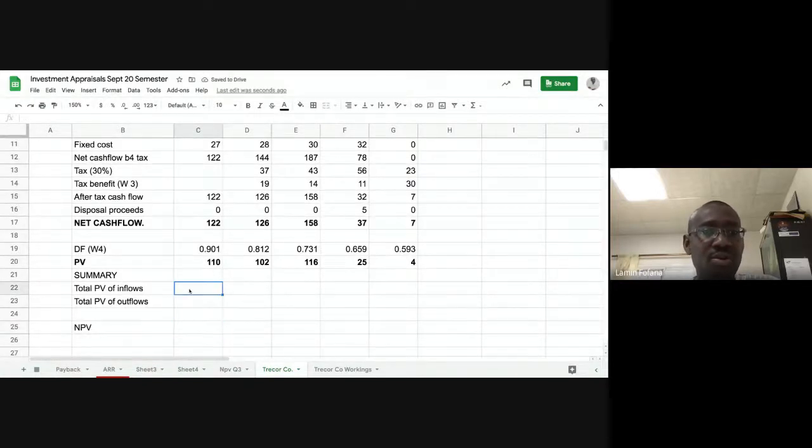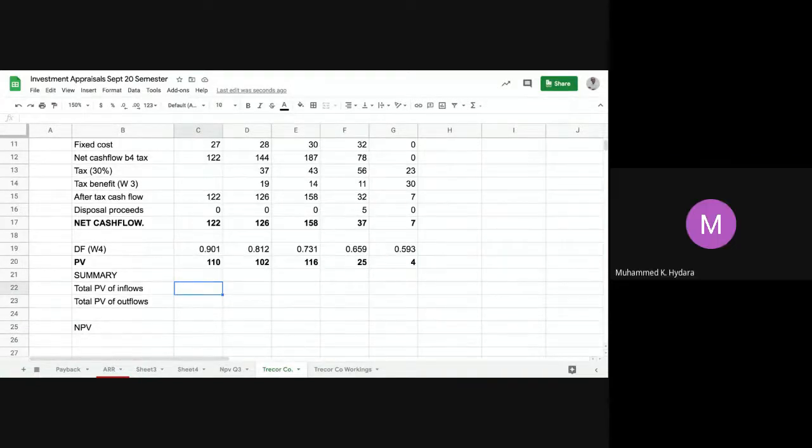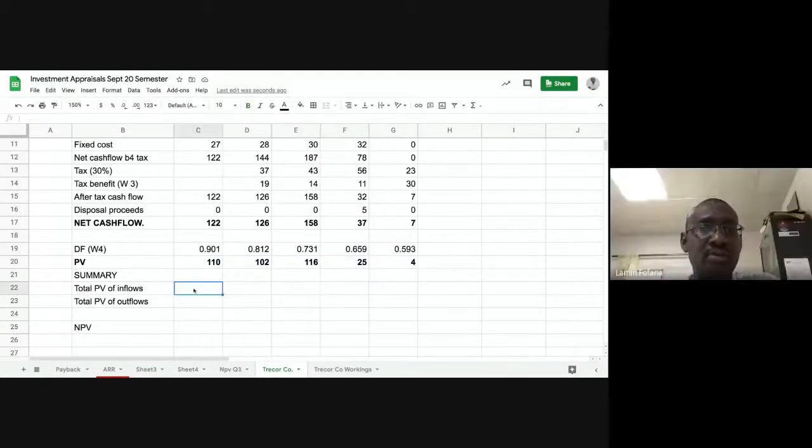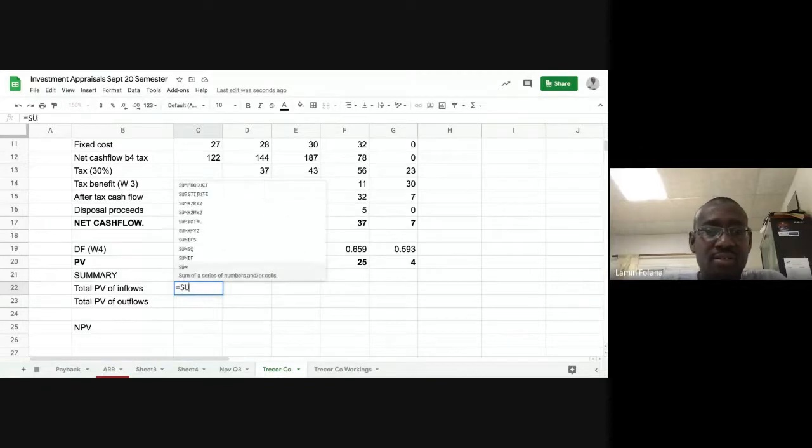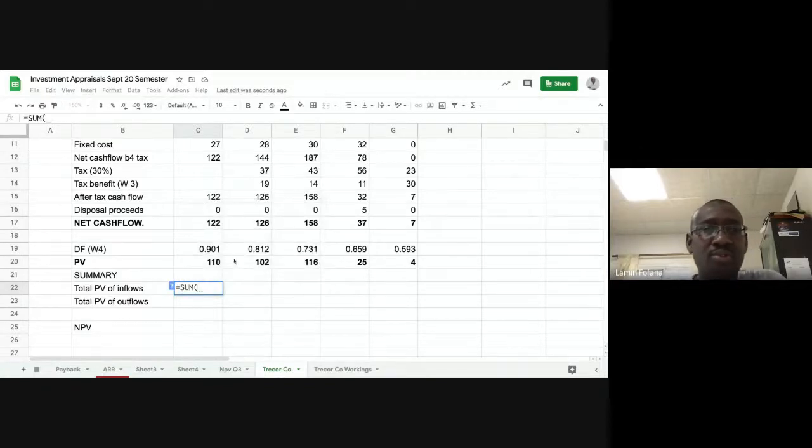So, what is the total PV of inflows? Yes, we add from year 1 to 5. So we say equals sum, bracket opens, we add all this, we close the bracket, we enter.